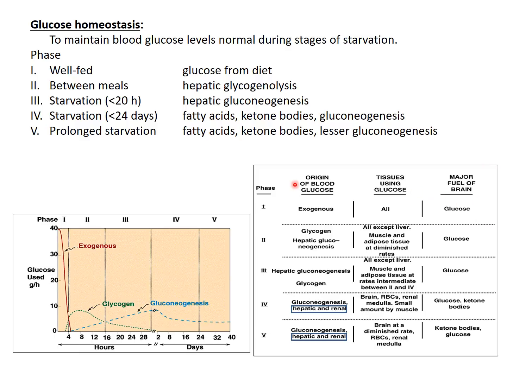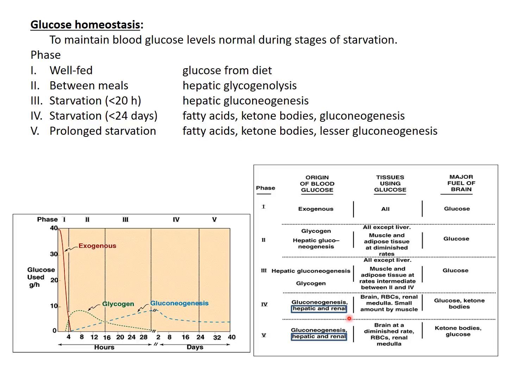And this table is really good for reviewing because these are the 5 stages from well-fed to long-term starvation. This portion is focusing on where glucose comes from, this portion on what is using glucose, and this column shows what the brain, the central nervous system, will use.